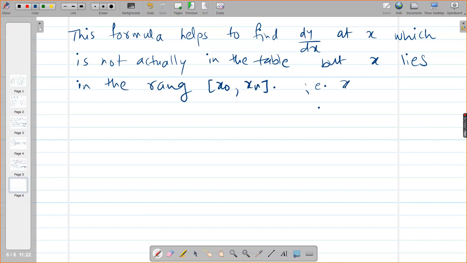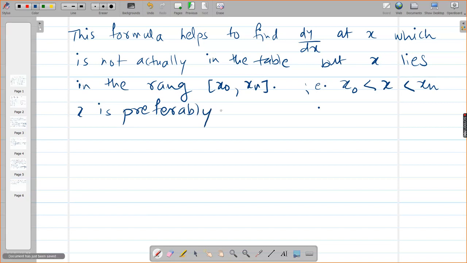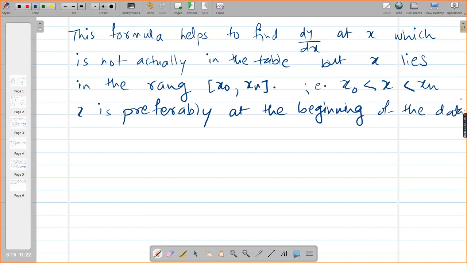Okay, that is x0 less than x less than xn, and x is preferably at the beginning, क्योंकि हम फॉरवर्ड यूज कर रहे हैं ना. आर यू गेटिंग इट? हाँ, हमने फॉरवर्ड डिफरेंस में भी देखा था कि जब x की वैल्यू शुरू में है तो हम फॉरवर्ड डिफरेंस यूज करेंगे, वैसे ही यहाँ पे भी है डेरिवेटिव. You use this formula preferably when x is at the beginning. You can rearrange the words, okay? Just try to understand the meaning.